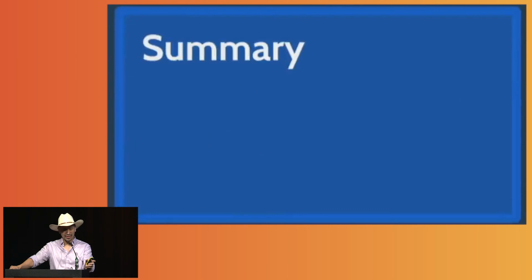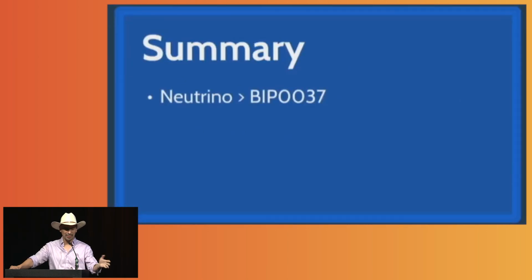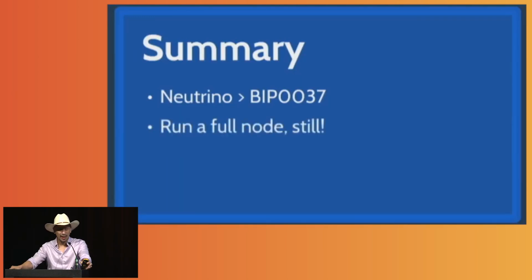So to summarize all of this, Neutrino is definitely a strict improvement, mostly, I guess other than bandwidth, over BIP37. Right? And that's a very good thing, because BIP37 is broken in many ways. It requires way too much trust, and both sides can get screwed over on that. But it's no excuse to not run a full node, right? You should still run a full node, in large part because Neutrino has no way to validate all of the consensus rules.